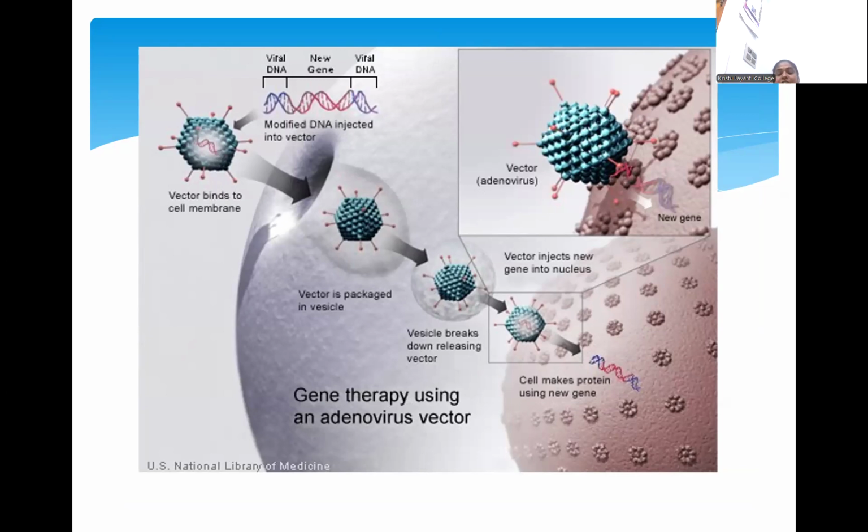As the vesicles near the nucleus, they break down, releasing the vector. The vector now injects the new gene into the nucleus, where the cells are programmed to synthesize a protein because there is a new, correct gene.